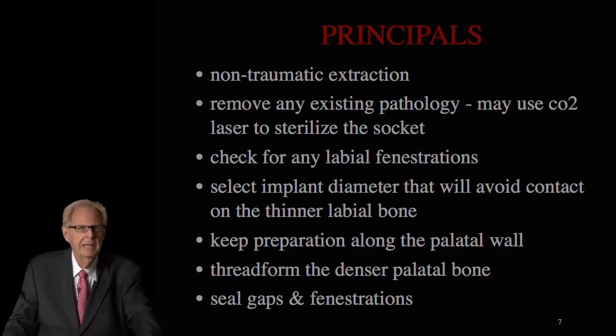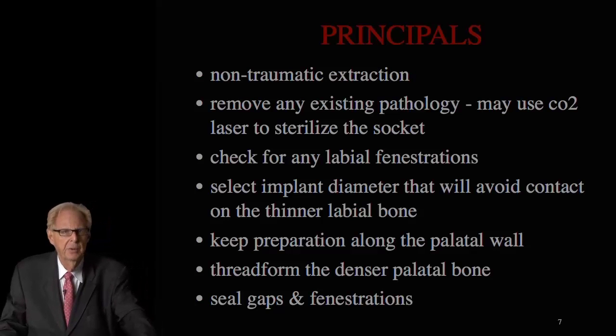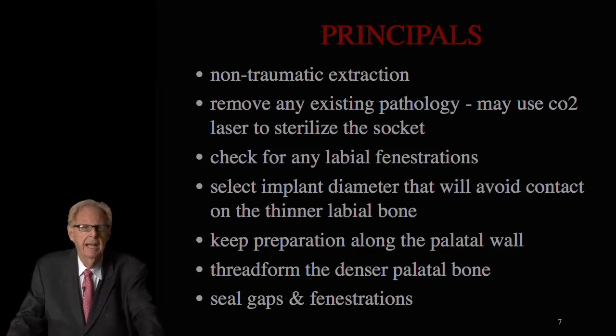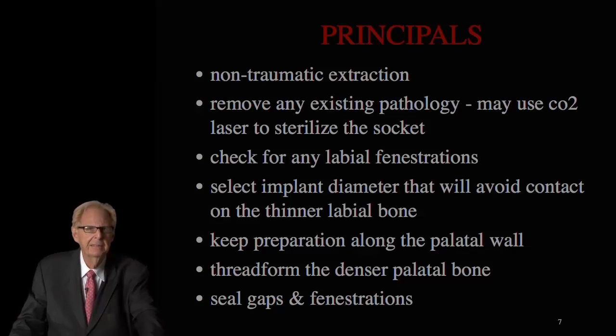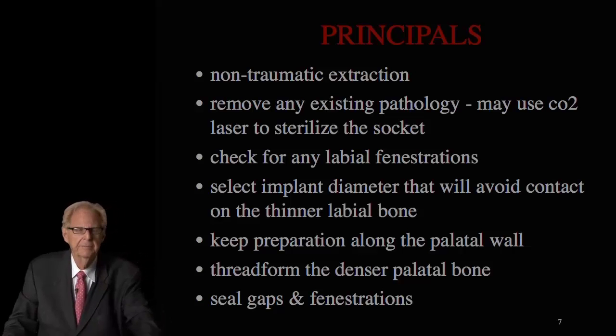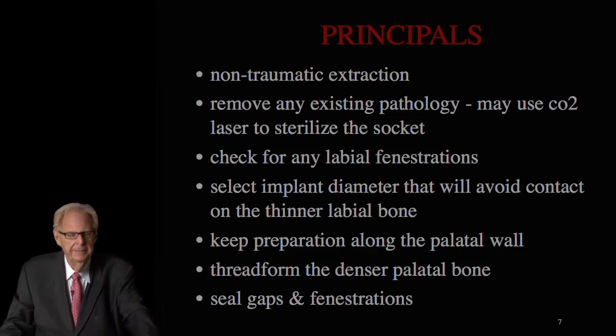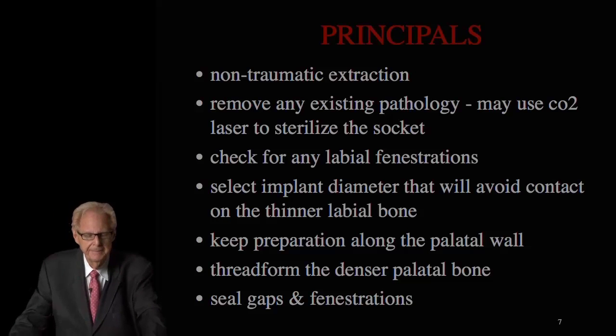We want to check for any fenestrations, so we can take our curettes and place it against the labial wall in the socket and feel with that curette if there's any fenestrations, basically holes in the labial plate.